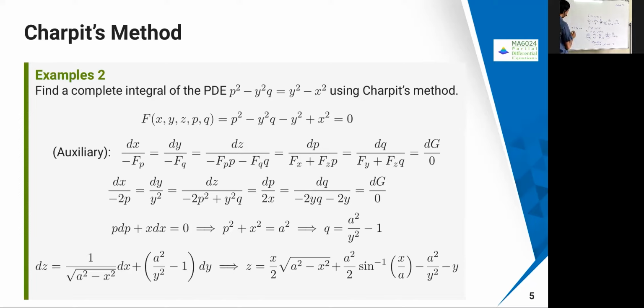Okay, let's try to find that. So y square q is equal to, if I take y square common, y square q plus y square q equal to a square plus x square plus x square. Okay, y square q, a square plus x square.